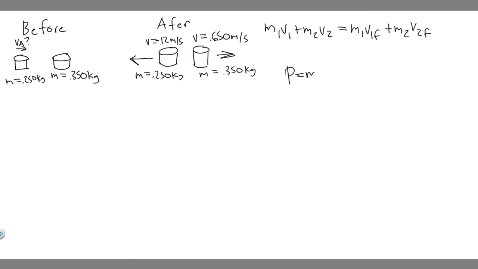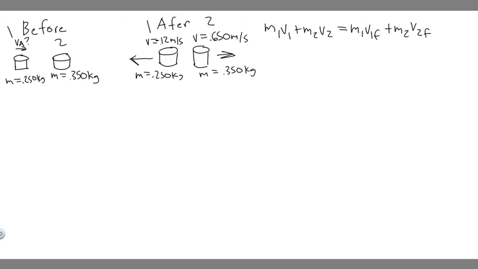Momentum equals mv, so the momentum of the two objects in the beginning is equal to the momentum of the two objects at the end. We're going to plug in the variables for each of these and then solve. When I say 1, I'm talking about puck A, and 2 represents puck B. So just keep that in mind.